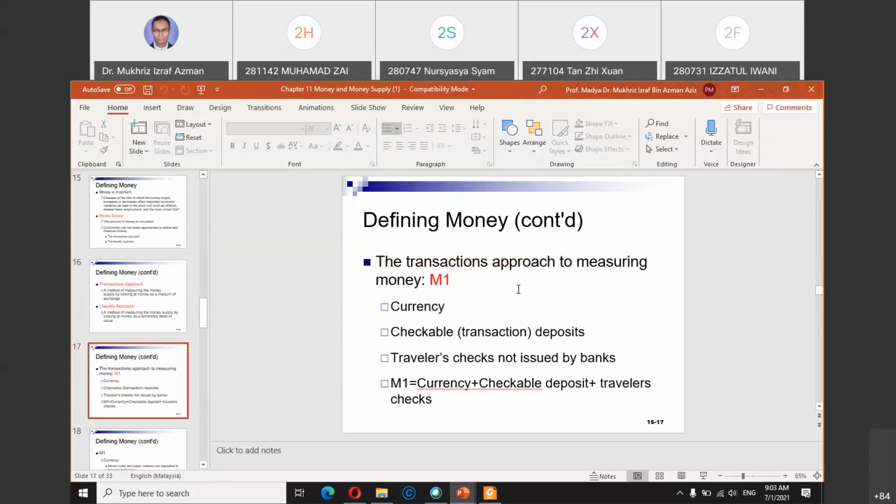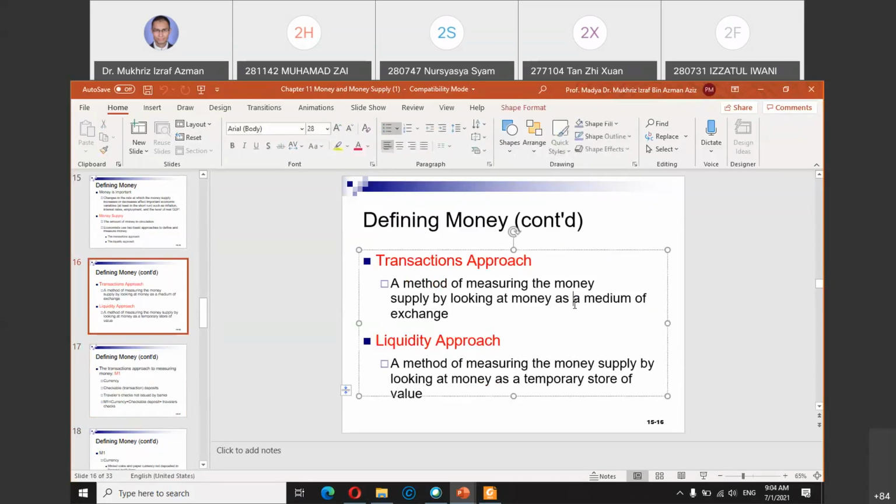Earlier I mentioned the definition of money supply, M1 and M2. M1 is based on transaction, which is medium of exchange. The word exchange is similar to barter. If you want to buy something, you use your cash to get something in return, you go to the shop.